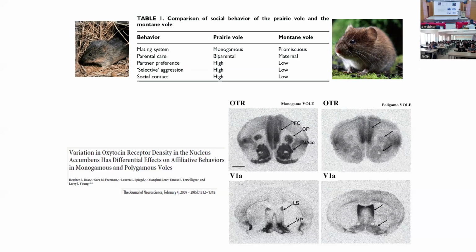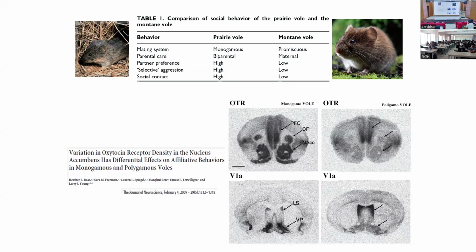Exactly what the prairie vole is doing, while the other rat is not doing that. He doesn't care who is coming into the house. So there is a huge difference, which is based on receptors and the amount of the hormones oxytocin and vasopressin.